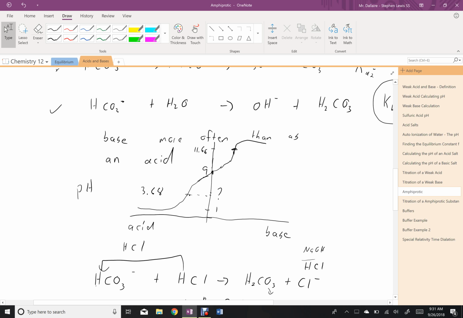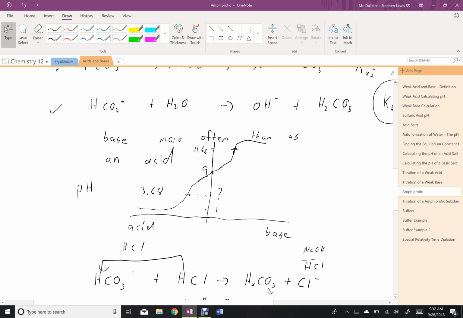Alternatively, if I was using a base, looking for something that changes color around 11.66, I could use something like alizarin yellow, which will change color between 10.1 and 12. And we can see, for example, that alizarin yellow will go from yellow to red. I might also be able to use something like indigo carmine, which will go from blue to yellow in a pH range of 11.4 to 13.